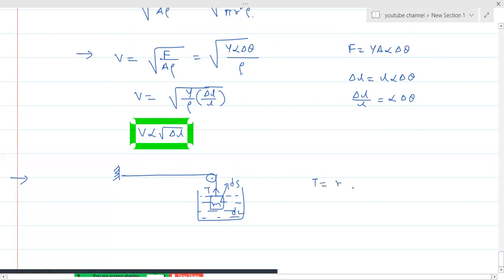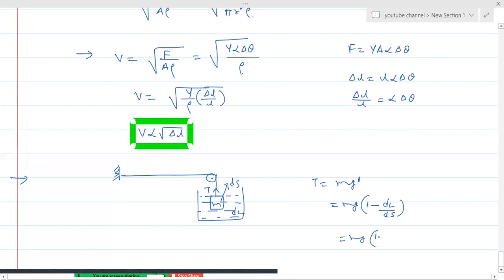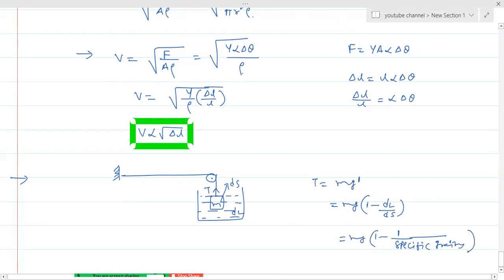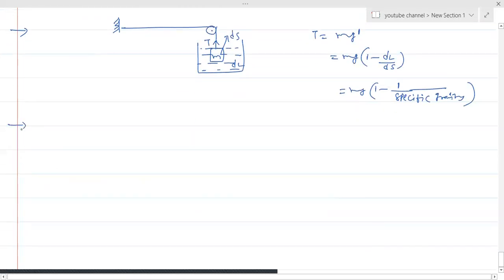We will write it as mg dash. After taking buoyancy into consideration, we have mg into 1 minus dl by ds, or mg into 1 minus 1 by specific gravity. So this is also one important model.